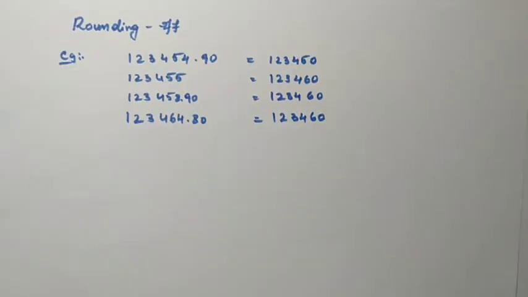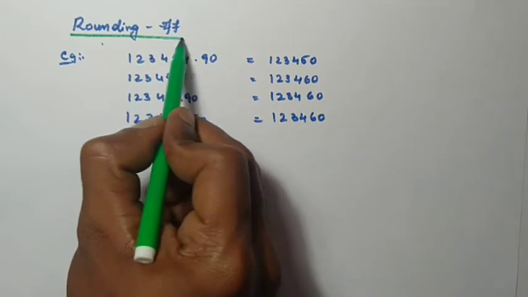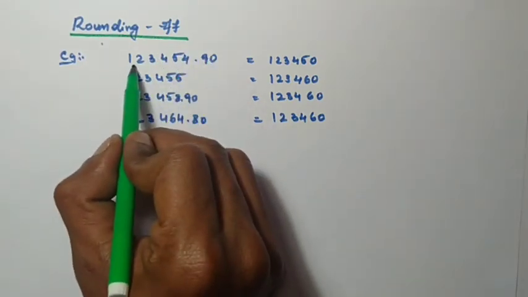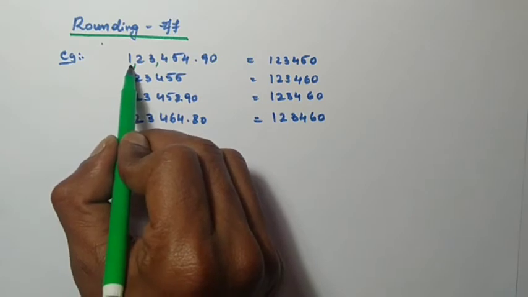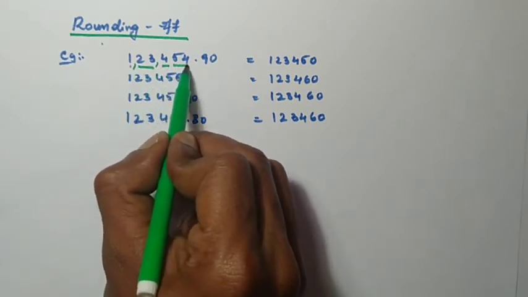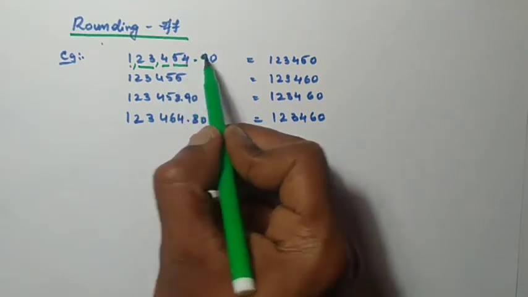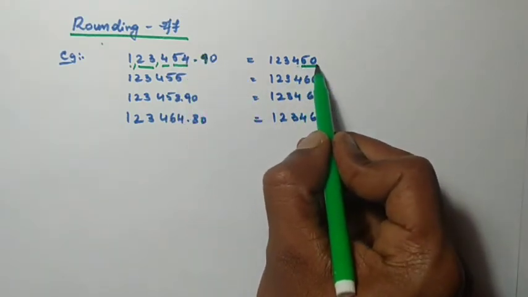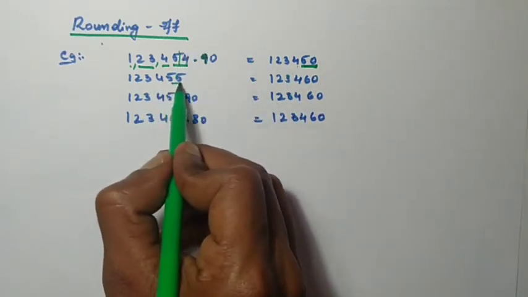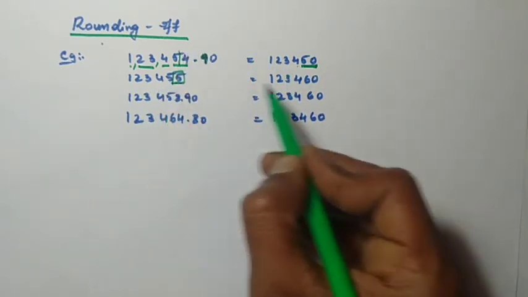So last topic is rounding off. Rounding off is simple. If income is 1,23,454.90, then round off to 50. If 55, then round off to 60.